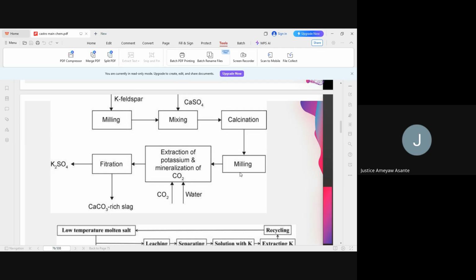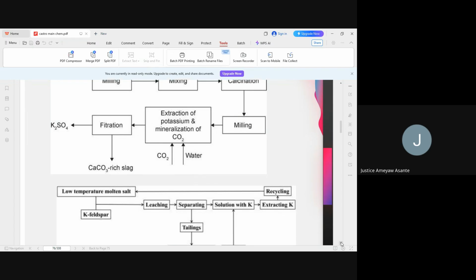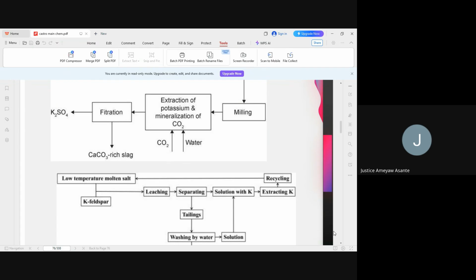Then we continue to mill it before we come to the proper extraction of potassium. Here you also pump in carbon dioxide and water, and you filter the potassium sulfate. So the extraction by using electrolysis is the last stage.